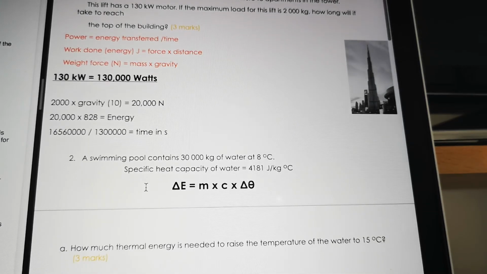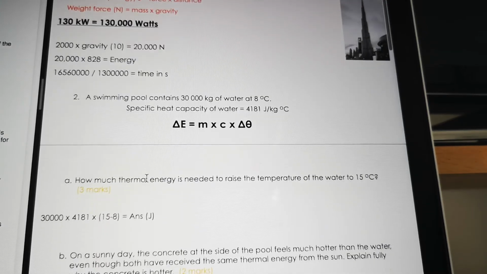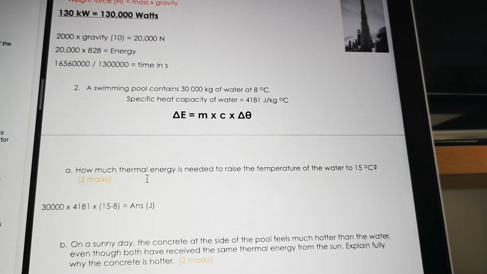Okay. The next one is on specific heat capacity. Change in energy is equal to mass times specific heat capacity times change in temperature. So your mass is 30,000 kilograms.